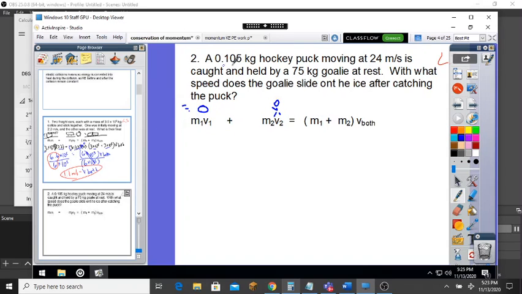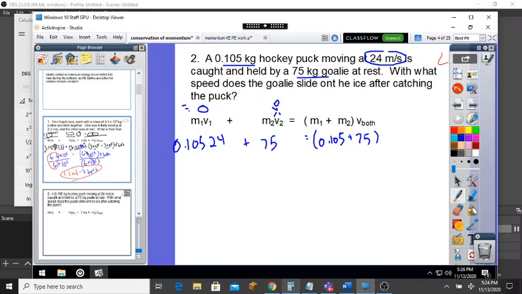So we know that the hockey puck has a mass of 0.105 kilograms, and we know the goalie has a mass of 75. So here M1 we know is 0.105, and M2 right here is 75. Now this said that the hockey puck was moving 24 meters per second.